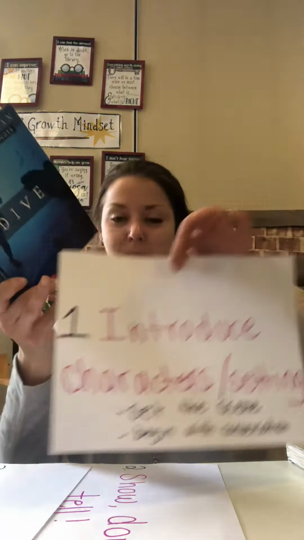Okay, so let's reflect back on how the author or the narrator introduced the characters and the setting. They said Starling came awake with a start and stared at her unfamiliar surroundings.